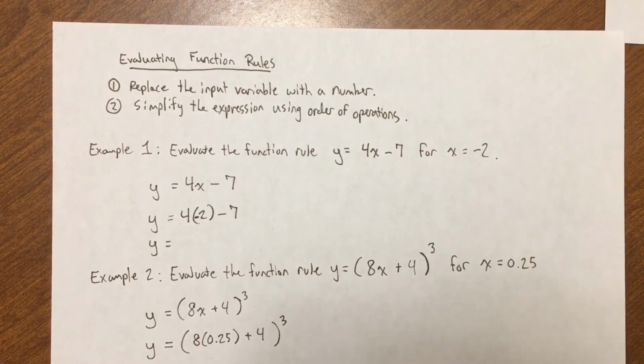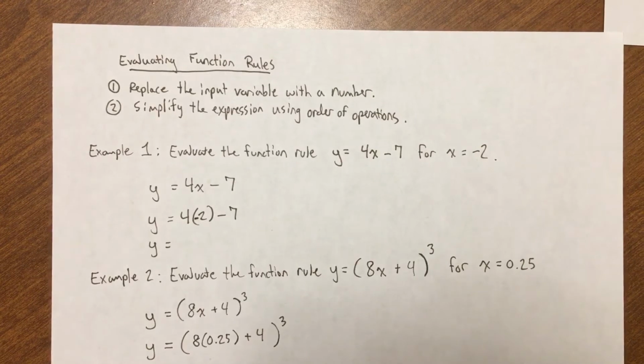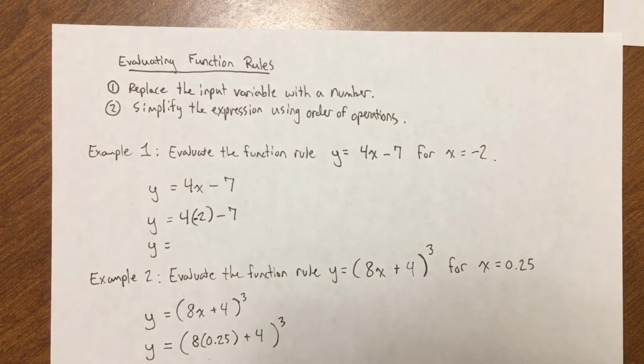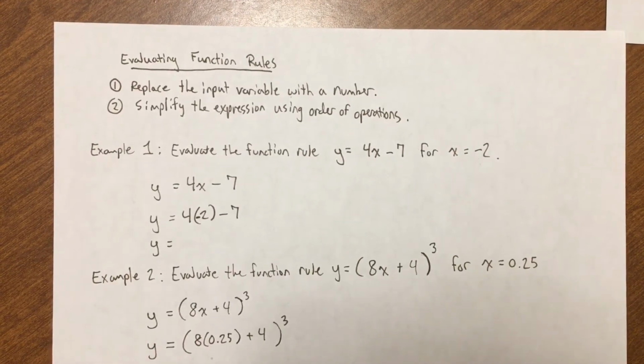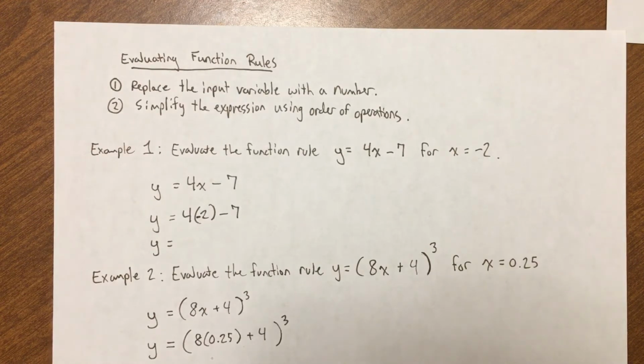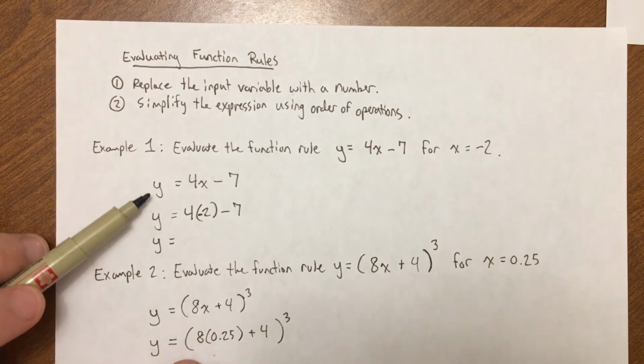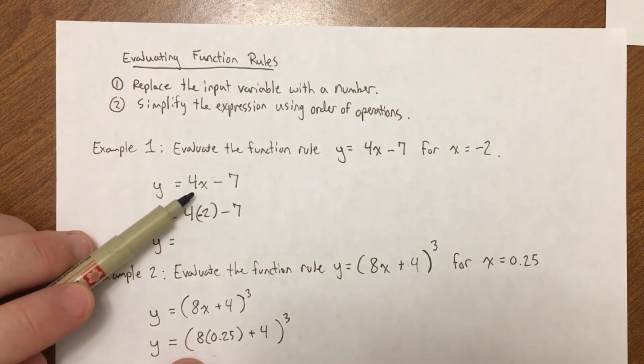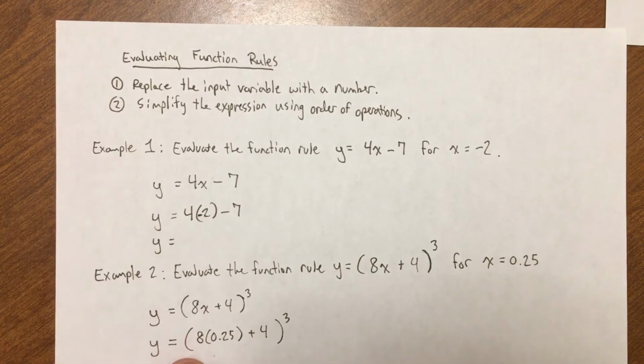So let's look at example 1 down below. It says evaluate the function rule y equals 4x minus 7 for x equals negative 2. The proper way to show our work when we evaluate these function rules is to always start off writing the rule first. So y equals 4x minus 7.